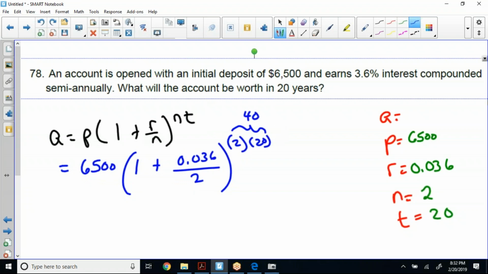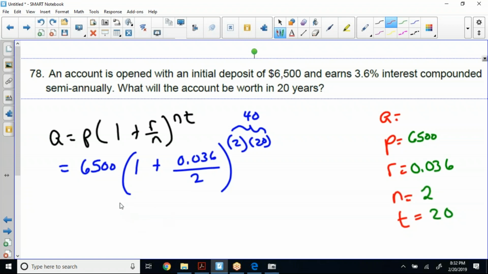What I need you to do is take 0.036 divided by 2, hit enter. Then add 1, hit enter. What I got right here is 1.018. Now I'm going to raise that to the 40th power, and hit enter.